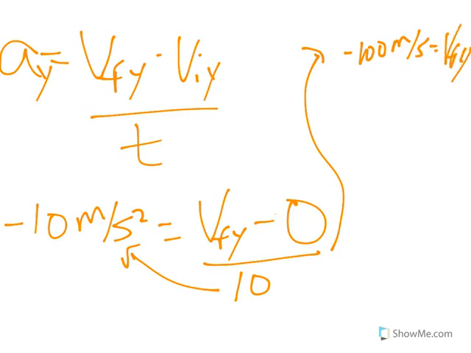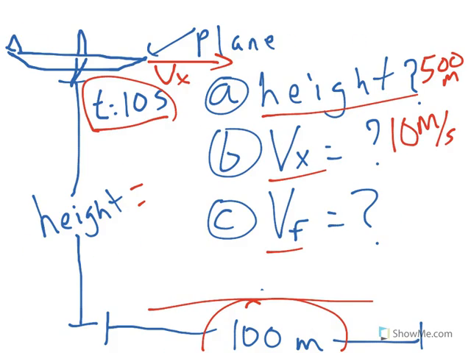Okay? So going back to the beginning, the final velocity in the y is negative 100 meters per second. And the final velocity in the x was 10 meters per second. And if you'll remember from vectors, we have to add these two things together.